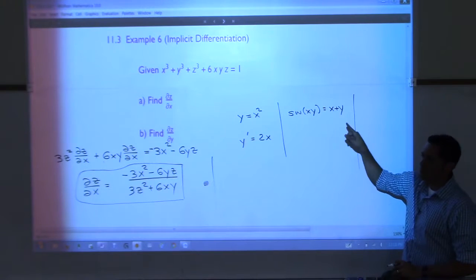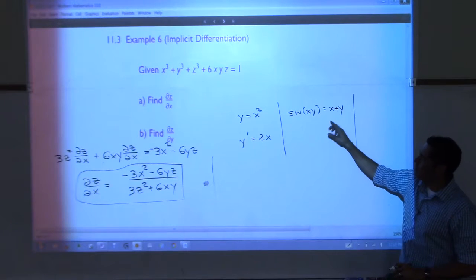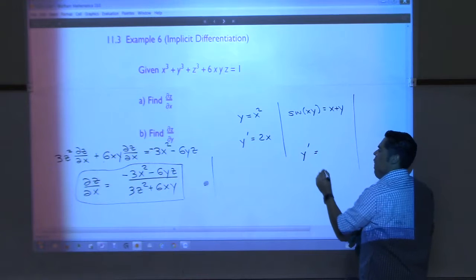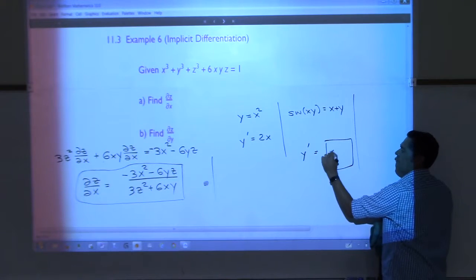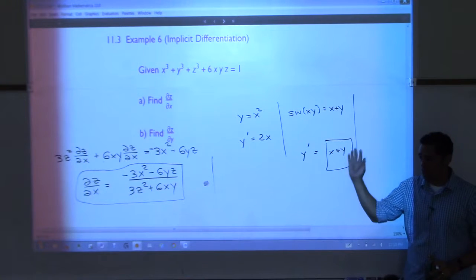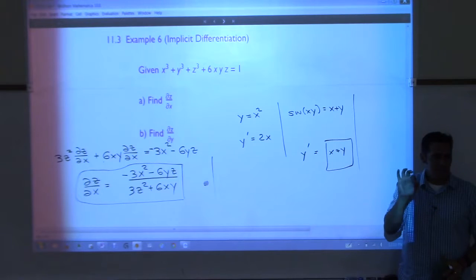I don't know if you recall this from Cal 1, but for implicit equations like this, when you get down to y prime, most of the time this is going to have x's and y's in the answer. In order to find the slope of the tangent line, you actually have to give me the ordered pair, the x and the y coordinate.